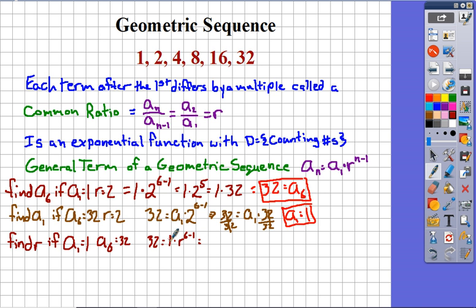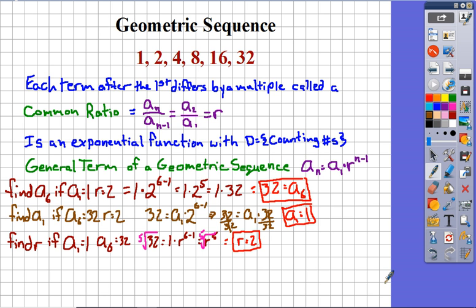We divide out the 1, and we still have 32 equals r to the 5th power. Then we take the 5th root of both sides. If you can't do that in your head, you can always use the change of base formula and a logarithm. What we find is that r equals 2. The 5th root of 32 is 2, and that's our common ratio.